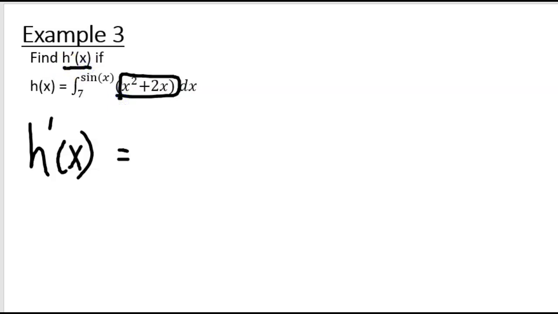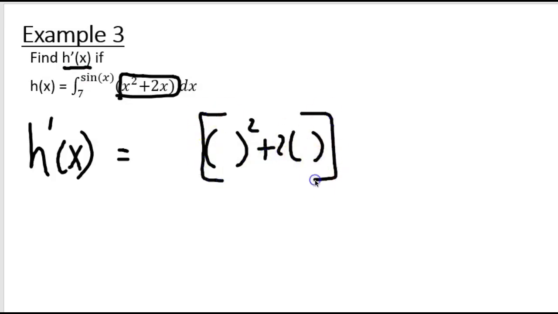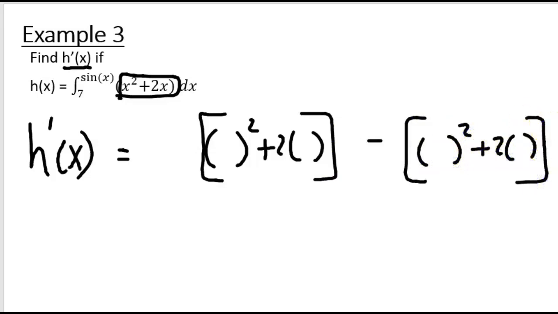So it's just going to go right back to being x squared plus 2x. But instead of x's, I'm going to put parentheses. And because of the fundamental theorem of calculus, you're actually going to write it twice and subtract it. Because in the first set, we're going to plug in sine x. And in the second set, we're going to plug in 7.